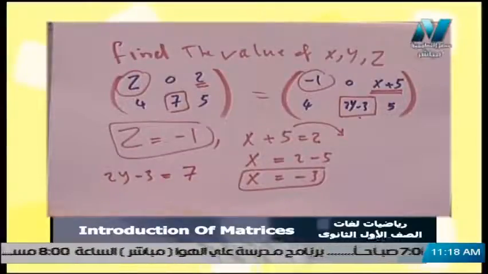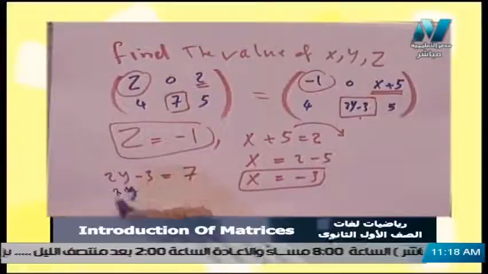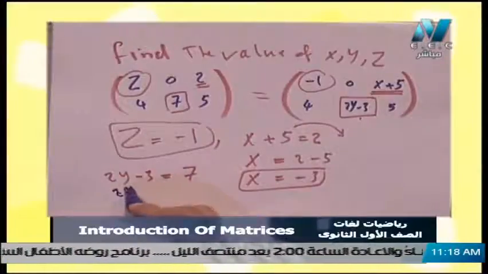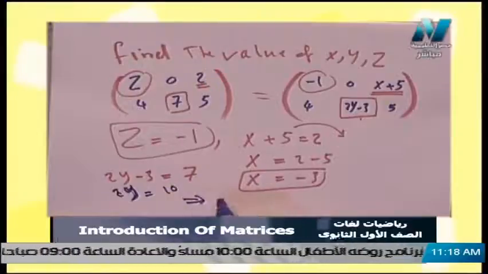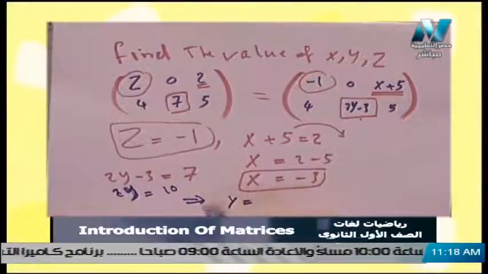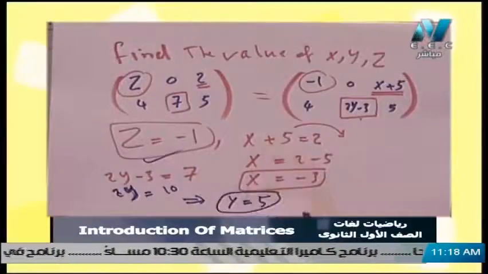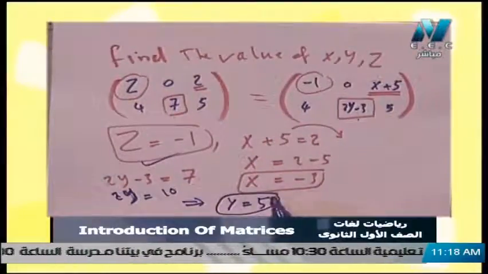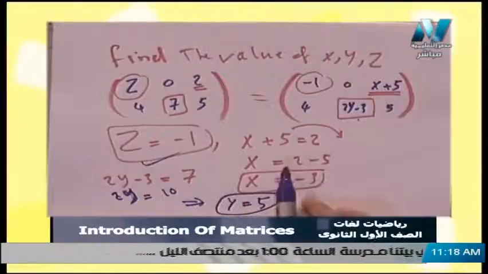So 2y equals 10, and so y equals 10 divided by 2 equals 5. So z equals negative 1, x equals negative 3, and y equals 5.